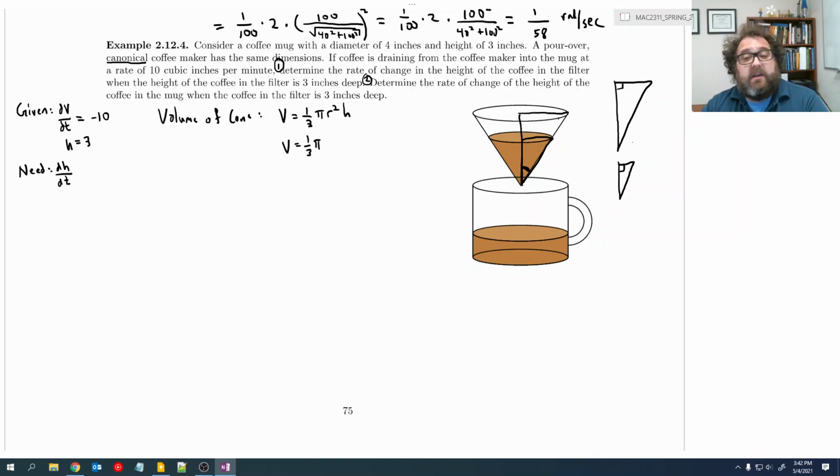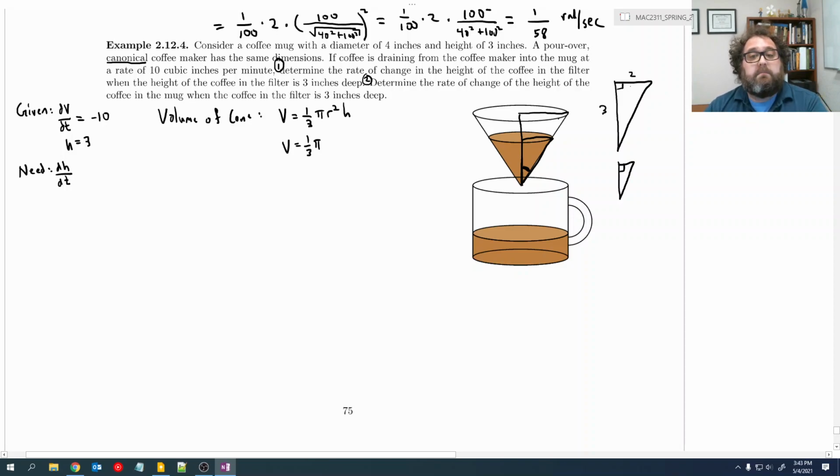That helps us because we know the dimensions of that big triangle. The dimensions of the coffee filter are the same as the dimensions of the coffee mug, which has a height of 3 inches and a diameter of 4, which means a radius of 2, because radius is half the diameter.